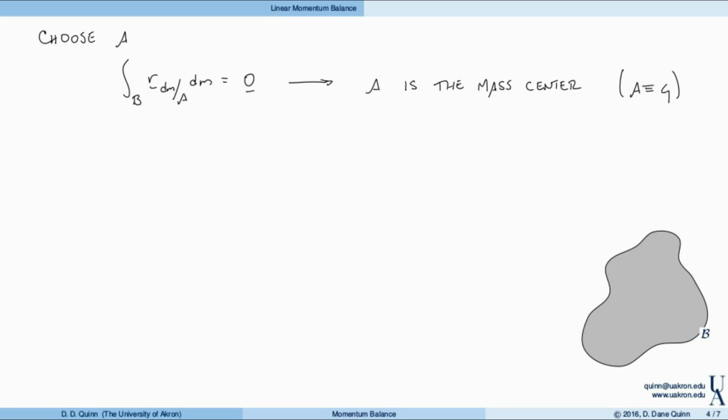So now, the other thing that we have going for us is that when integrated over the body, the internal forces vanish. So the net internal force vanishes.